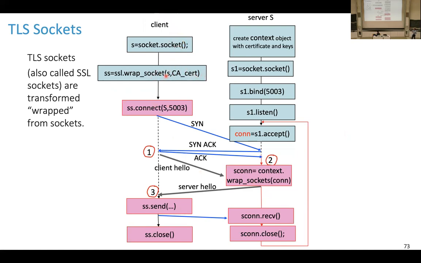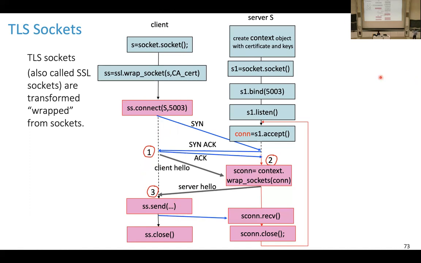It will add the security elements it needs to build the SSL socket. So here it builds the SSL socket, and then you make a connection to a specific server on a specific port, 5003. Then the handshake begins, so it opens the TCP socket, and then you have the client hello and server hello for the TLS handshake.